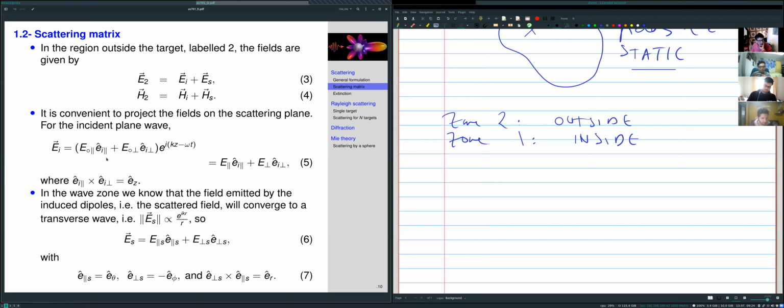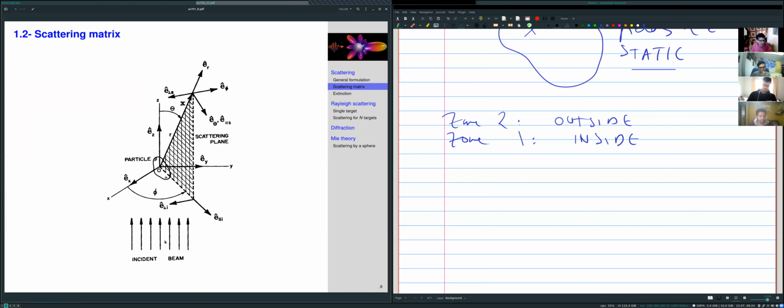Okay, and this leads to these two components, right? Parallel and perpendicular to the plane of scattering, okay? In this case, of course, ER is EZ because we're talking about the incident field. Okay, so I'm going back to the sketch now. We have this incident field here.